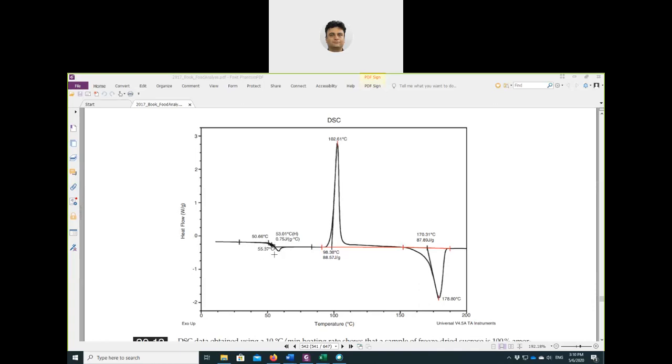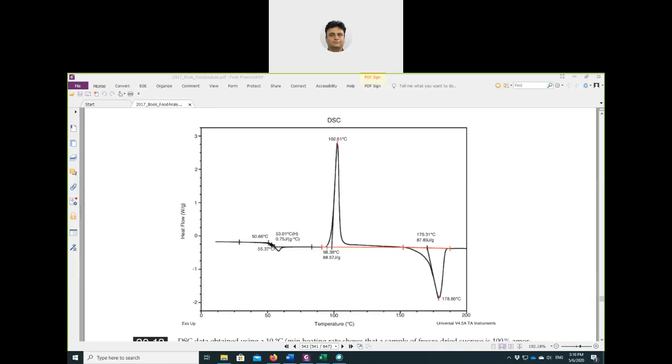So if you want to recognize different materials based on the DSC pattern, if the material is like this one, it has Tg, glass transition, rubbery to glassy.